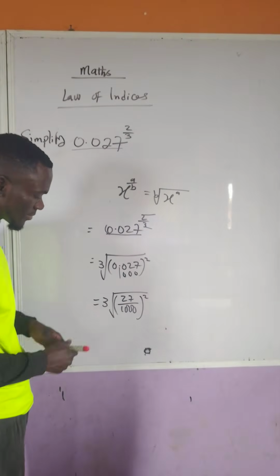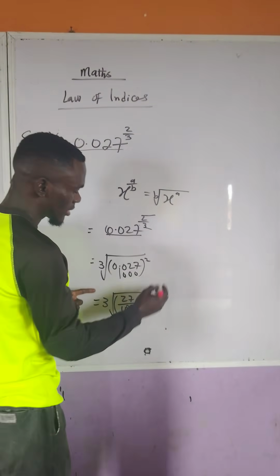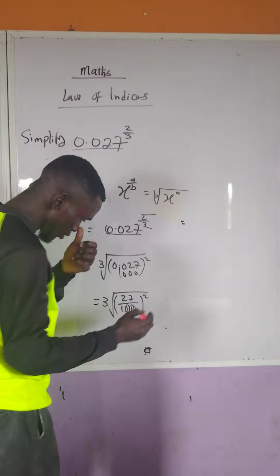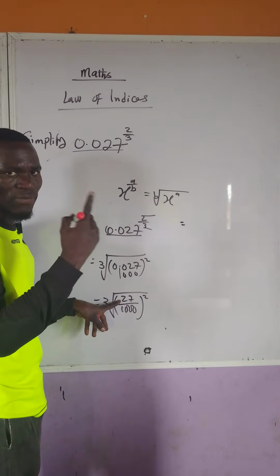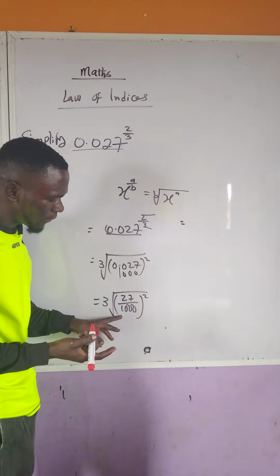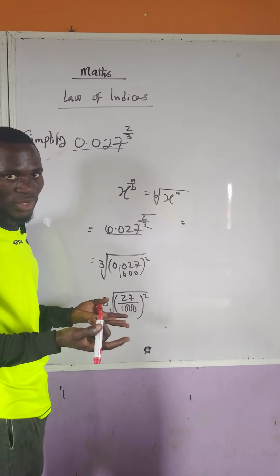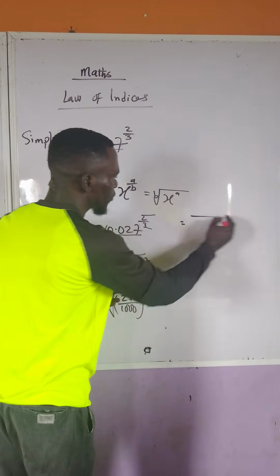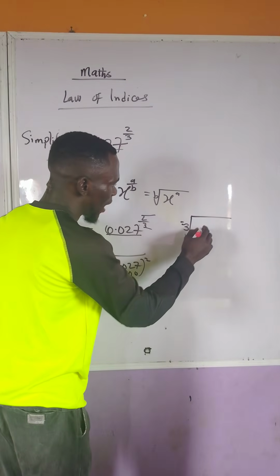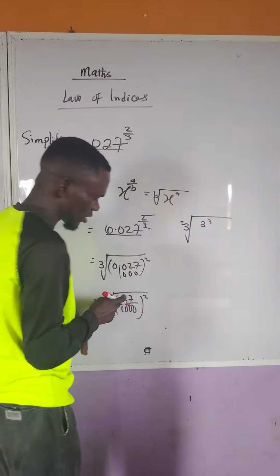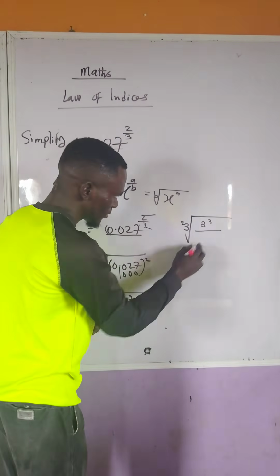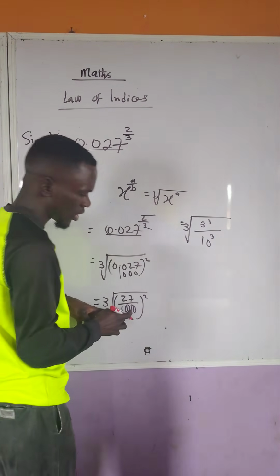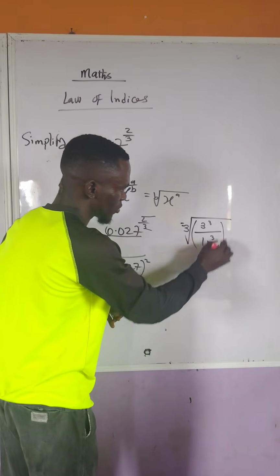Let's go. So 3 to the power of 3 will give us 27, while 10 to the power of 3 will give us 1000, right? So we have the cube root of 3 to the power of 3 over 10 to the power of 3. Let's not forget the square.